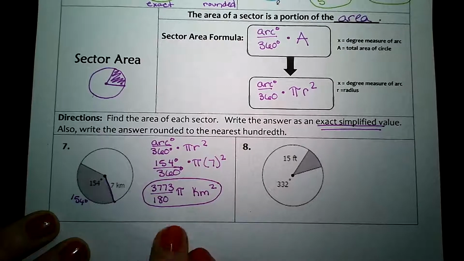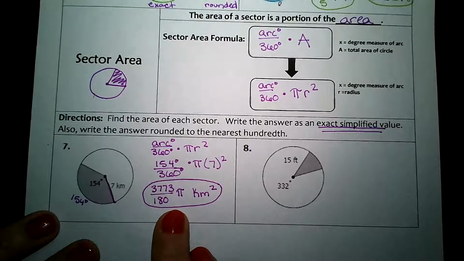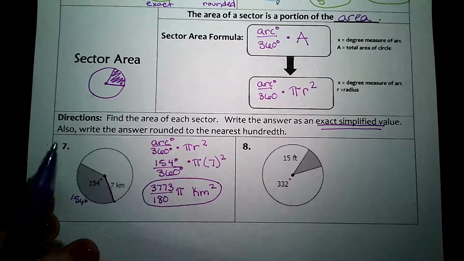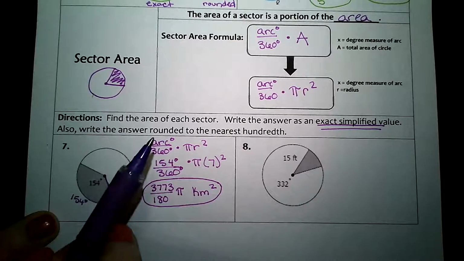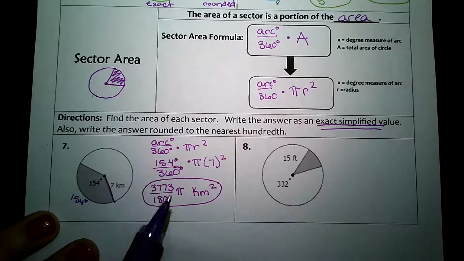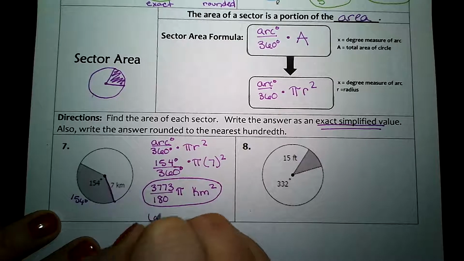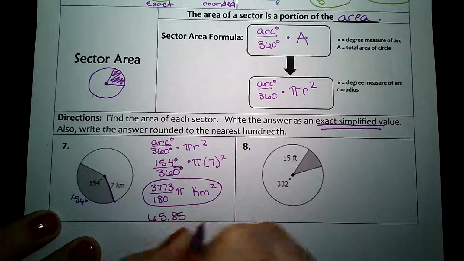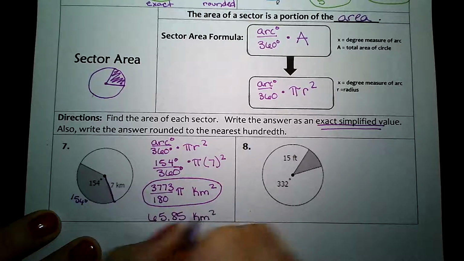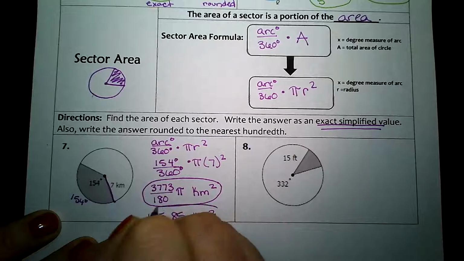This version of the answer doesn't look very helpful. Let's also check out what our area would be when rounded. I'm going to take this fraction and multiply it by pi. I get 65.85 and that's still in square kilometers.